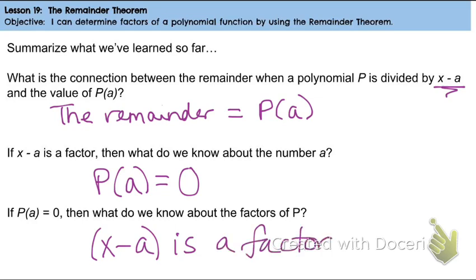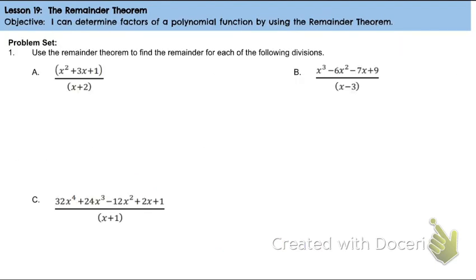Okay, so let's go on to the problem set. I'm going to move on to the next slide here. So the first one, it says use the remainder theorem to find the remainder for each of the following divisions. So using the remainder theorem, so x minus a, in this case we have x minus negative 2.